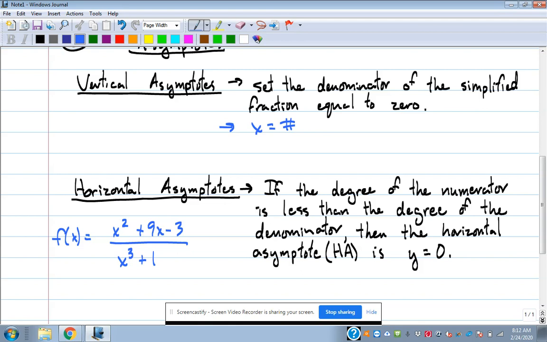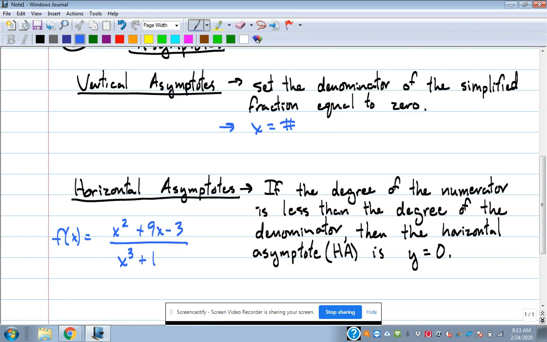It doesn't matter by how much it's less than, as long as the top is less than the bottom. Okay? If it were x squared on top and x to the 16th on the bottom, still got a horizontal asymptote at y equals 0. As long as the top is smaller than the bottom in degree, then you have a horizontal asymptote at y equals 0. The great news about this is that it doesn't matter if you use the simplified version or the original version, the rule still stands.